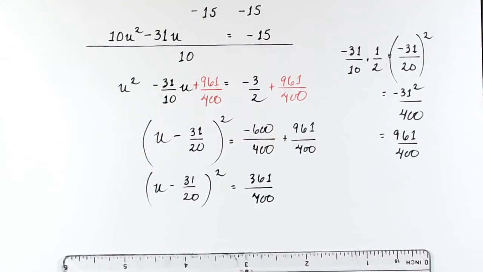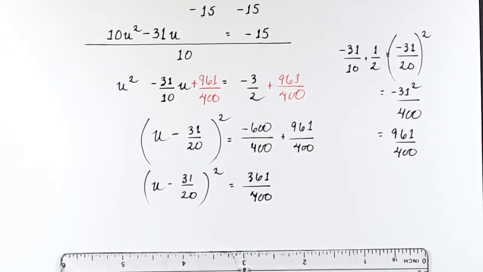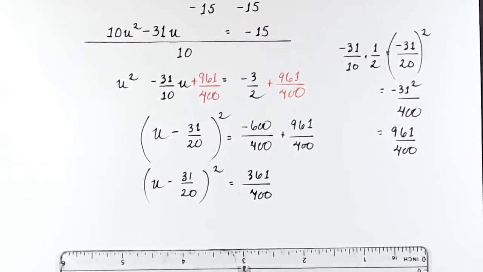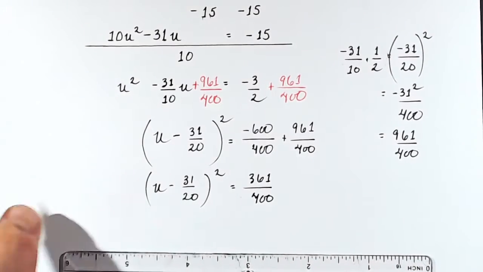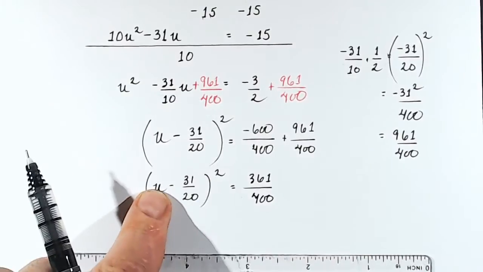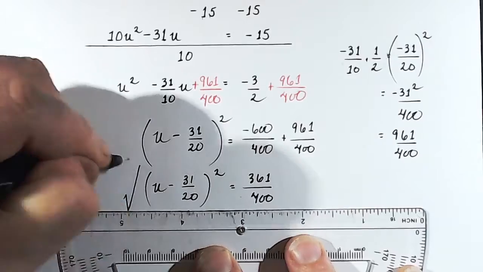So the square root of 361 is 19. If you didn't know that, you could just put it in a calculator. And the square root of 400 is 20. So what we're going to do to get rid of this squared term and start to get u by itself is take the square root of both sides.